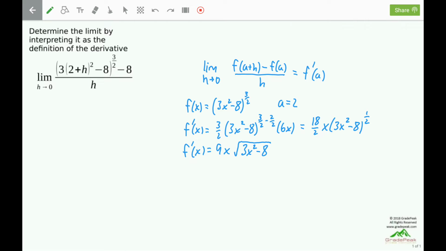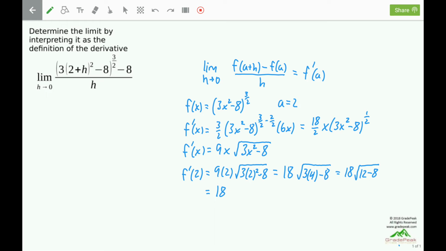All we need to do from here is evaluate it at a, so f prime of 2, which is 9 times 2 times the square root of 3 times 2 squared minus 8. 9 times 2 is an 18, and then we have the square root of 3 times 2 squared, which is a 4, minus an 8. 18 times the square root of 3 times 4 is a 12, minus an 8.